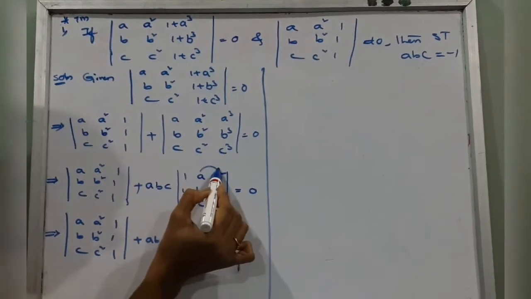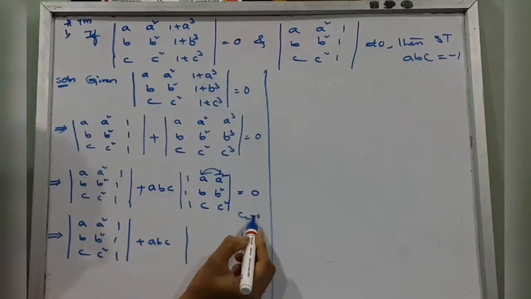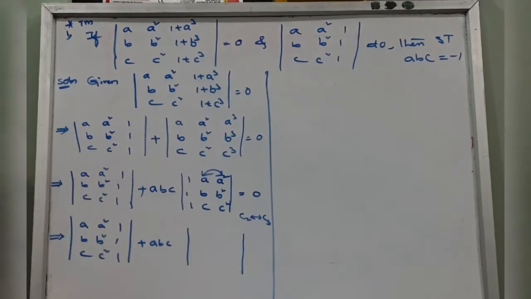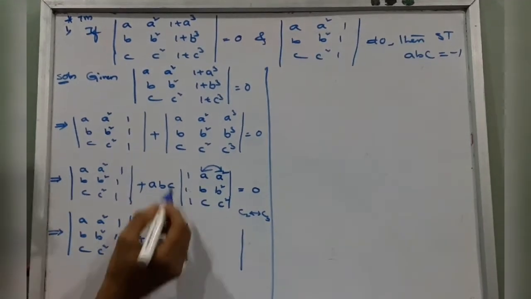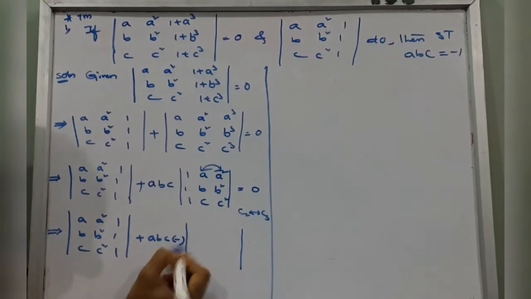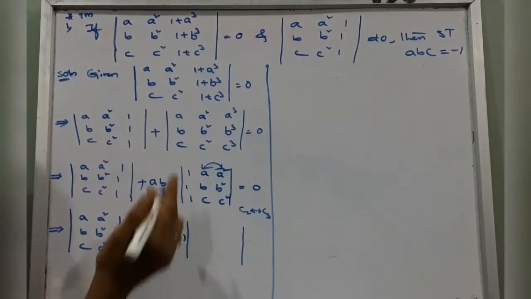here we have to interchange the columns. That means C2 interchanging with C3. If two rows or two columns are interchanged, then the sign of the determinant changes. Then it will be minus.